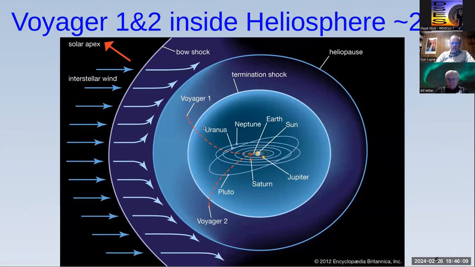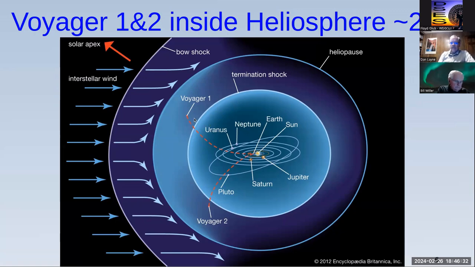Voyager 1 transited the termination shock in 2004, and a few years later, Voyager 2 passed through it. So at this time, Voyager 1 and 2 had gone through the termination shock, but they hadn't yet crossed the heliopause. This was an illustration of where they were at then.